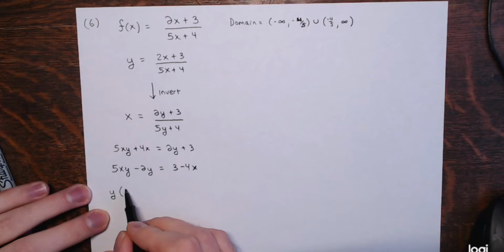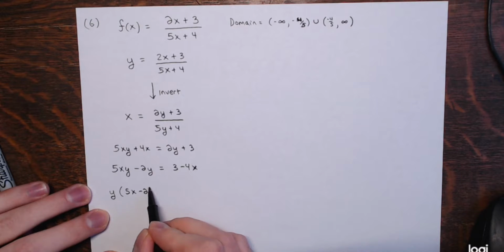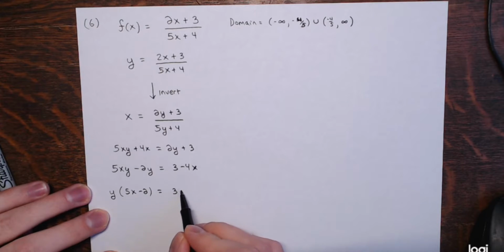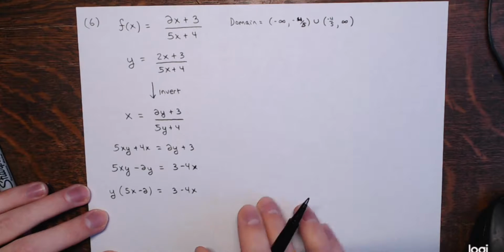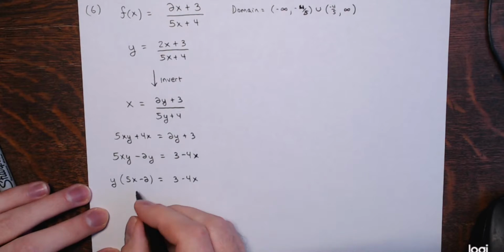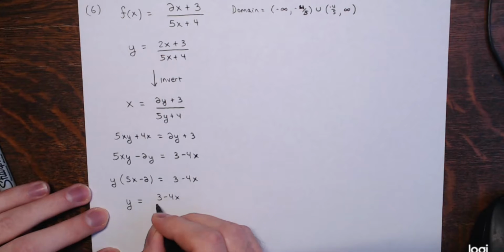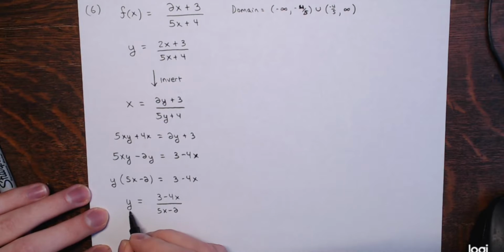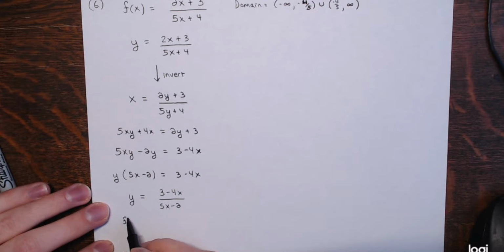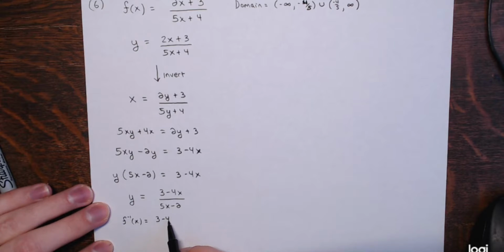We have y times the quantity (5x minus 2) equals 3 minus 4x, and then I can solve for y very easily by dividing by 5x minus 2. So y equals (3 minus 4x) divided by (5x minus 2), and this y represents f inverse. f inverse of x is (3 minus 4x) divided by (5x minus 2).